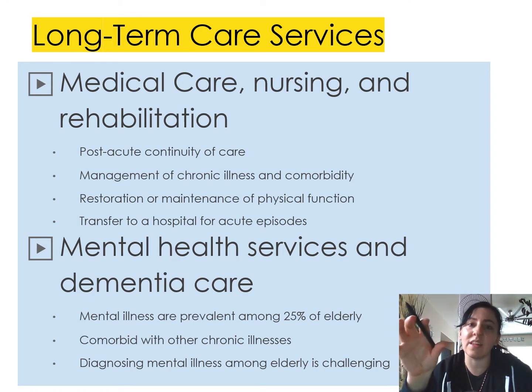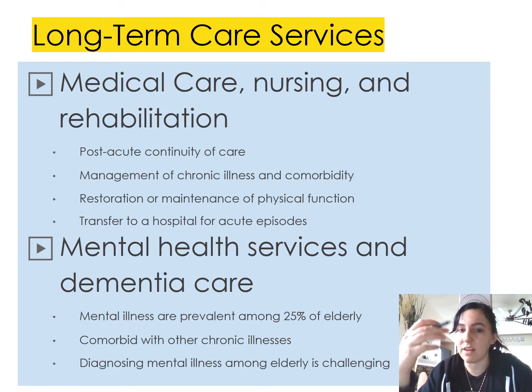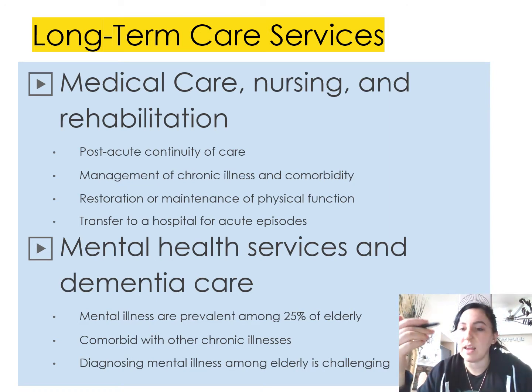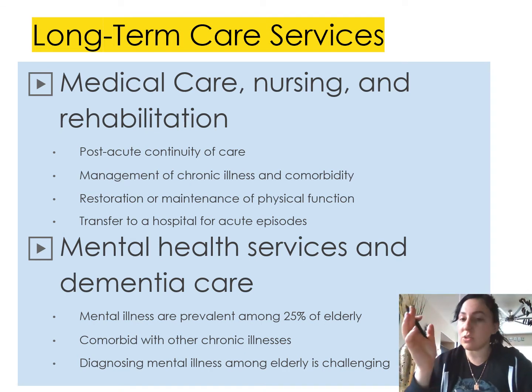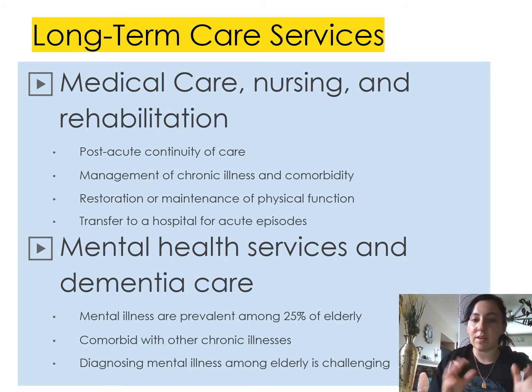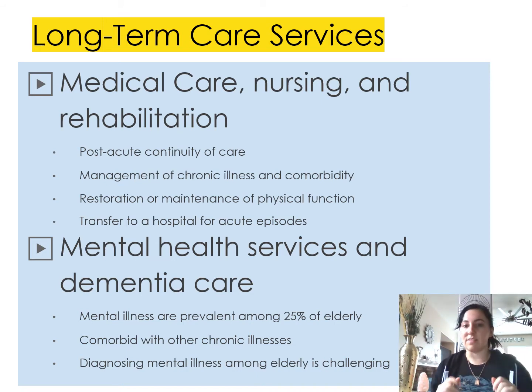All of that is definitely included in long-term care services. However, that's not it. We also have mental health services and dementia care. There are many skilled nursing facilities and psychiatric institutions that provide long-term care services specifically for those who have dementia and Alzheimer's.